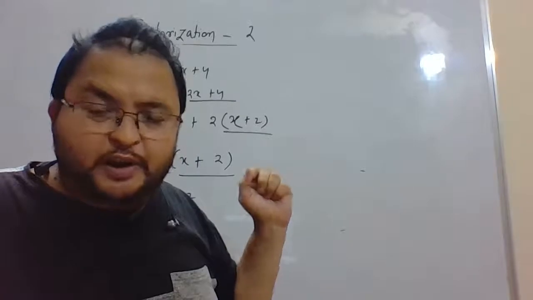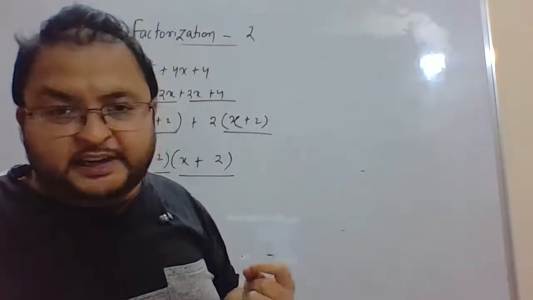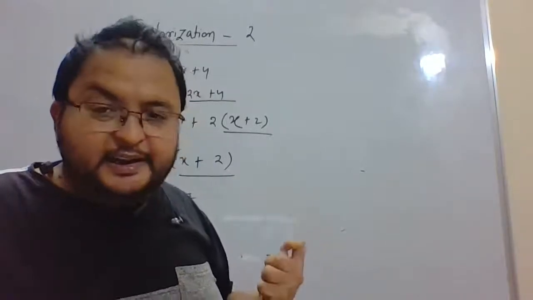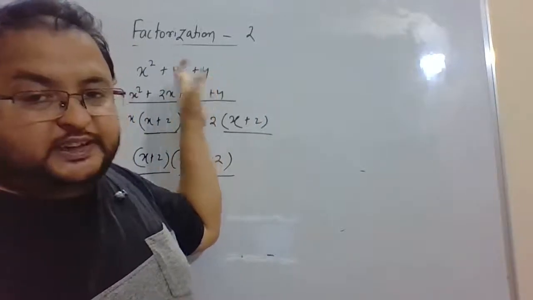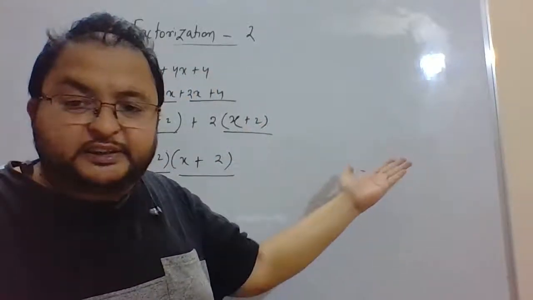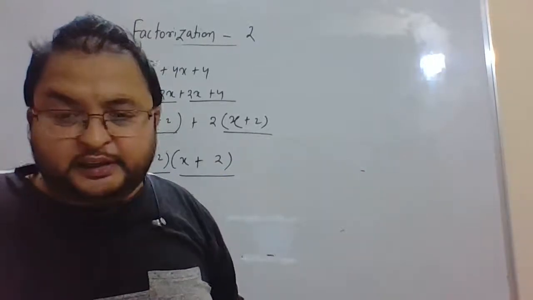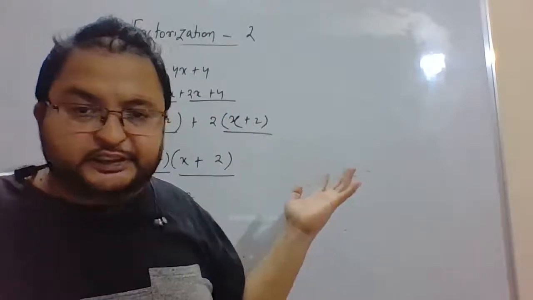Find out the value of m plus n and m minus n. From those, you can find the individual values of m and n, put it back in the expression, rewrite the main expression, and then by grouping of pairs you can easily solve it. So that is how you can solve the problems in factorization.